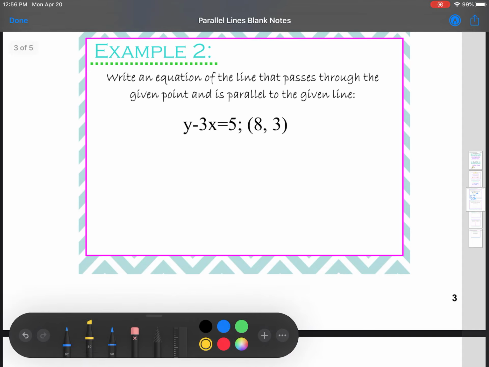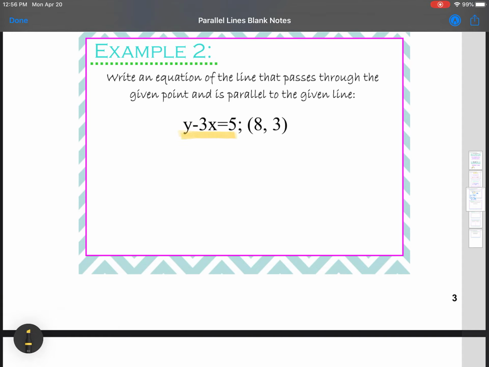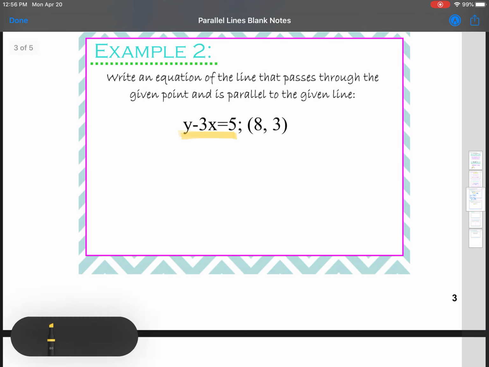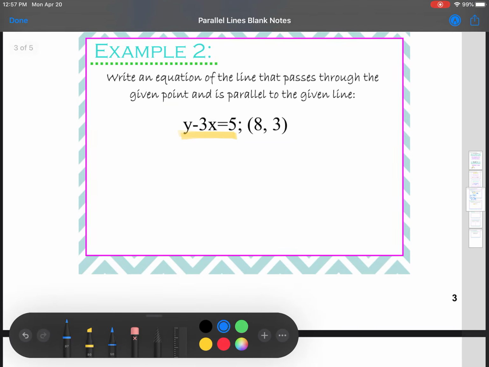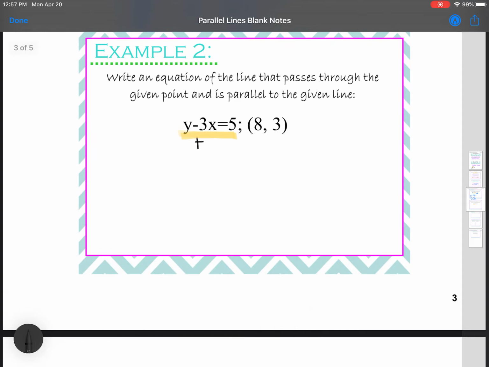Now, in my first equation, I can't even tell exactly what the slope is at the beginning. No problem. I just have to put that into slope-intercept form. So to do that, I need y by itself on the left-hand side. I'm going to add 3x to both sides. Now I have y equals 3x plus 5.